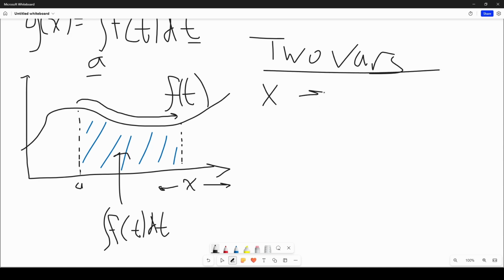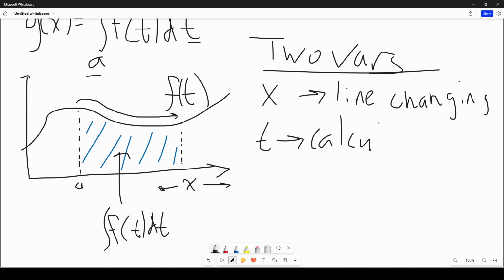X is a line changing for our bounds, whereas t helps us calculate the area. So you see, we have two things that are varying and doing two completely different things.